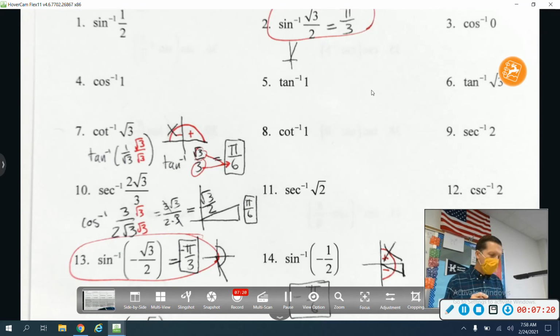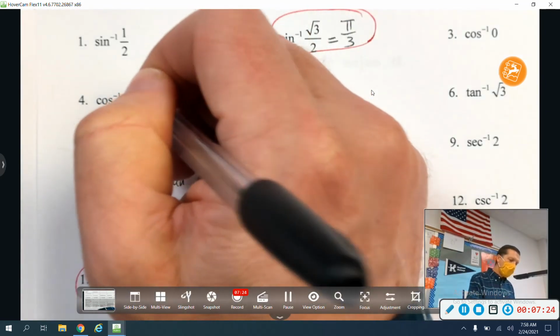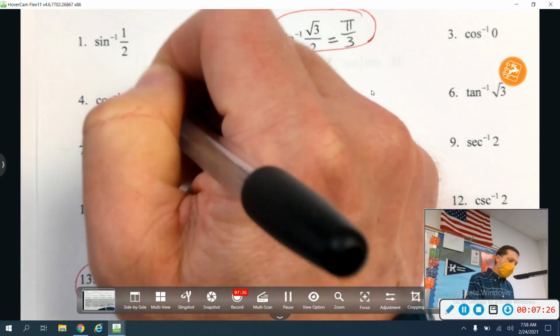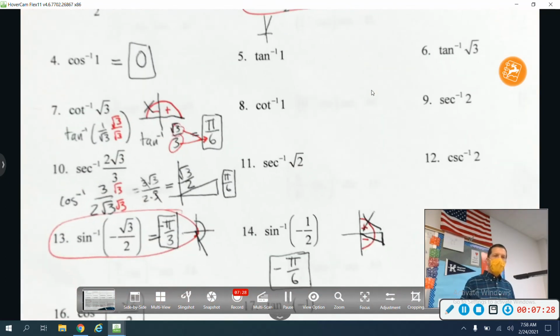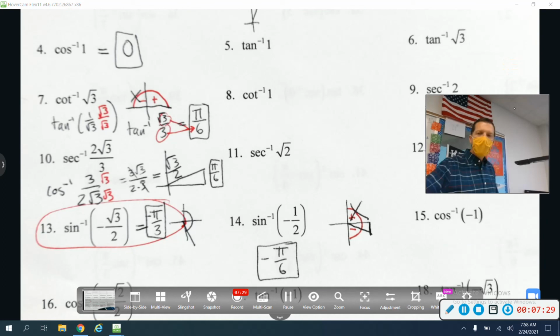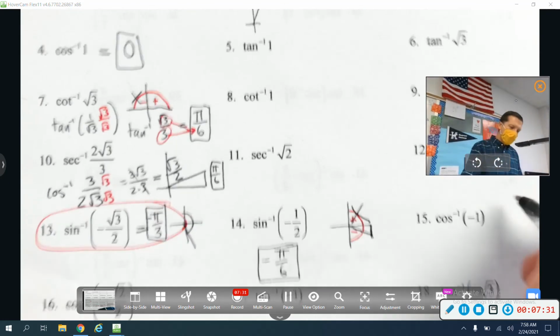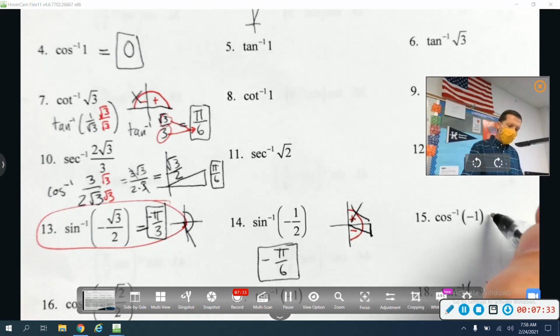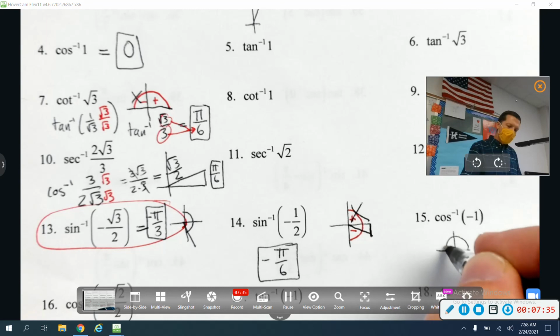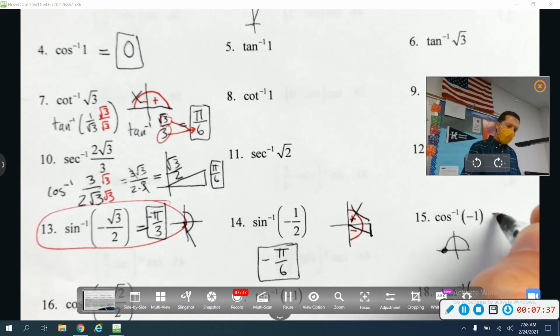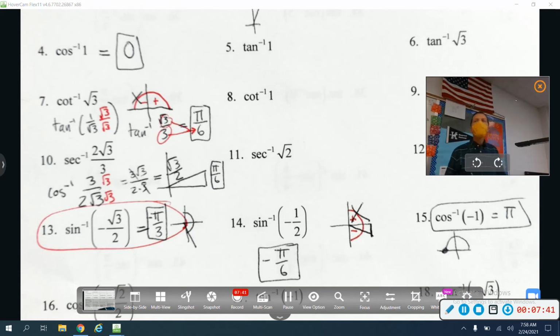Inverse cosine of 1 is 0. And then number 15, the inverse cosine of negative 1, definitely not negative 0. Cosine is negative 1 over there at pi. So good question, good observation. True for sine and tangent, but not true for the others.